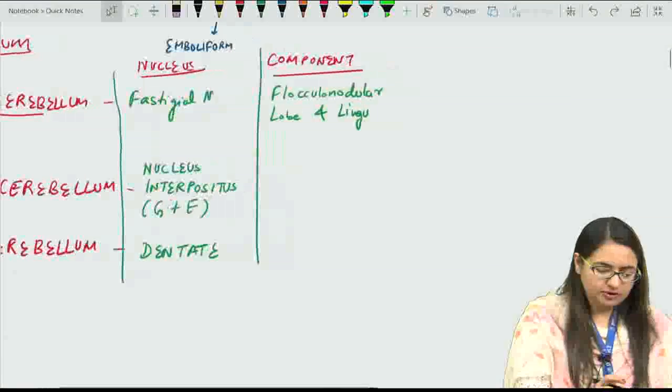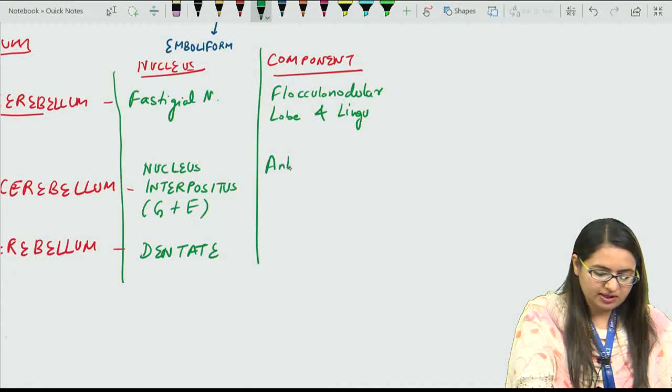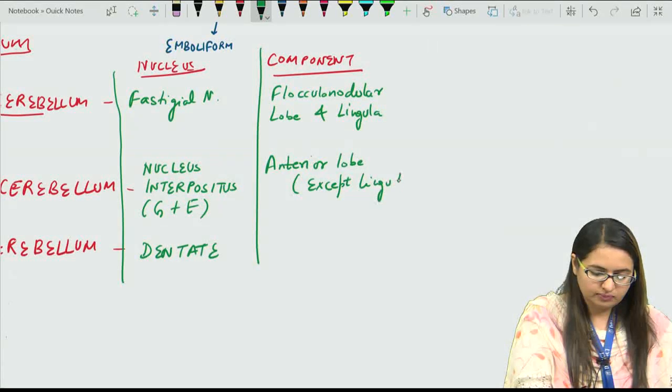For the paleocerebellum, the portions included are the anterior lobe except the lingula, plus it also includes the pyramid and uvula.